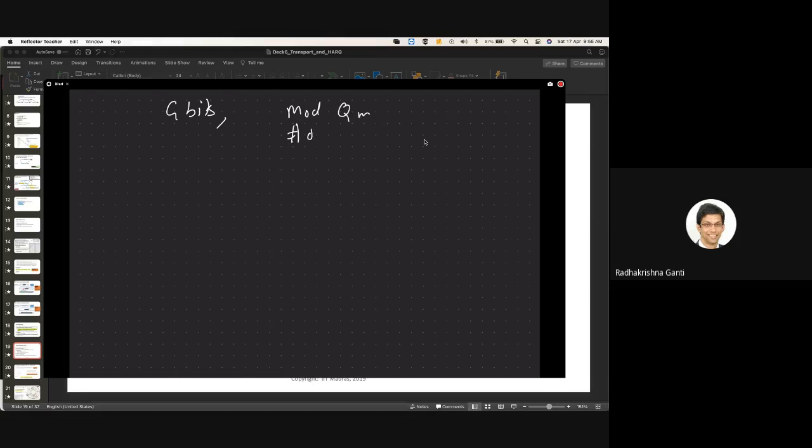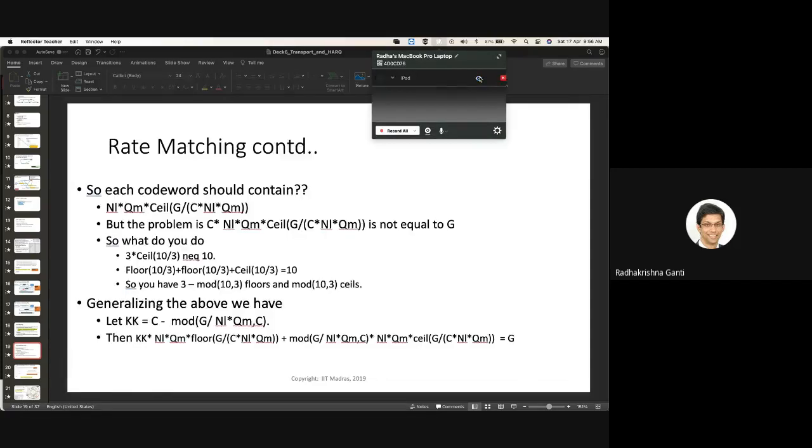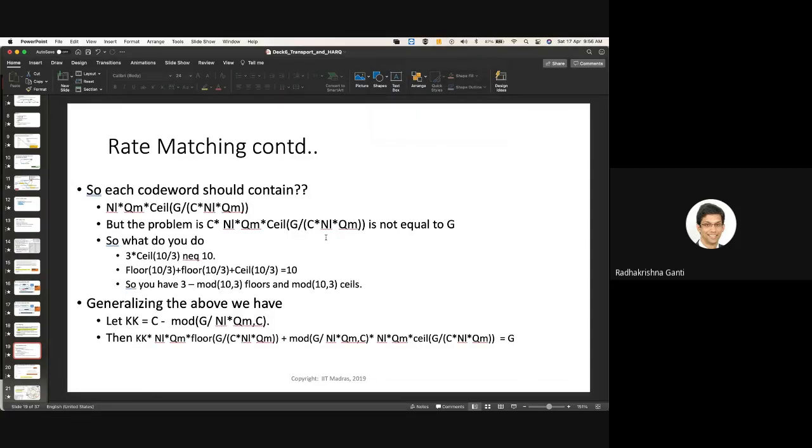Your number of layers is L, and the number of code blocks is C. Now I want to divide these G bits into C code blocks so that whatever code block comes, the total should be divisible by QM into L. And in total, you should have C code blocks. How do we do that? That is what I'm going to show you now. Roughly, each code block should contain how many bits? It will be G by C, into this one.